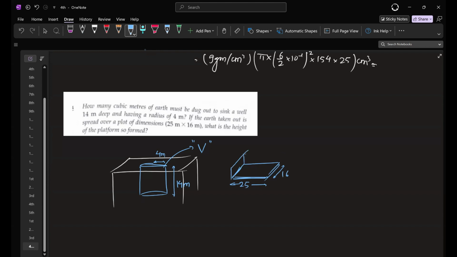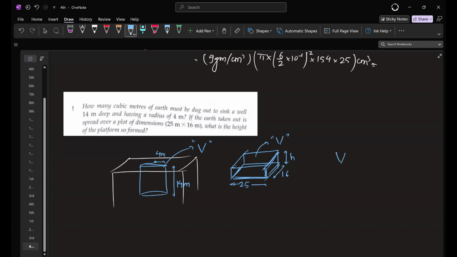Both have to be volume only. So is the height formed this cylinder volume divided by the plot area? Yeah, exactly, because this also has to be the same volume V.